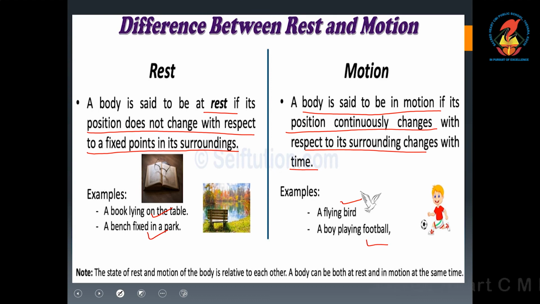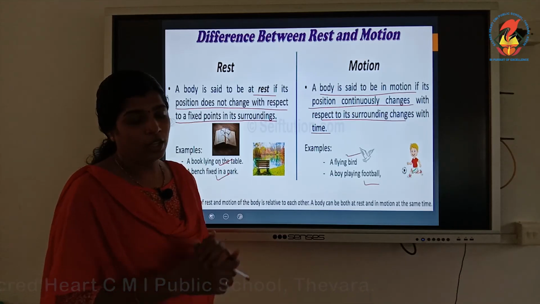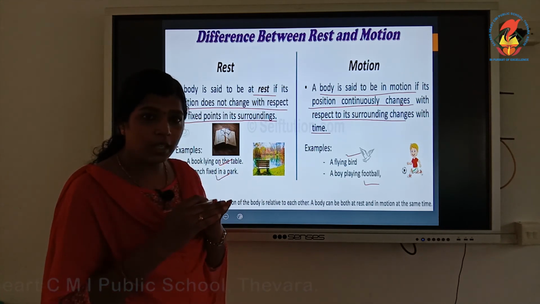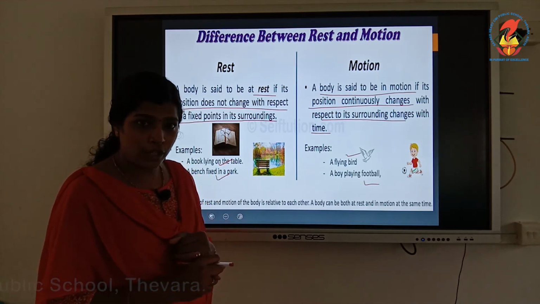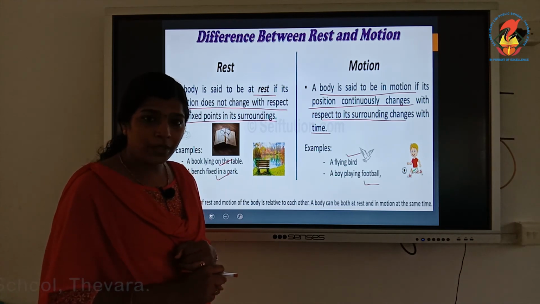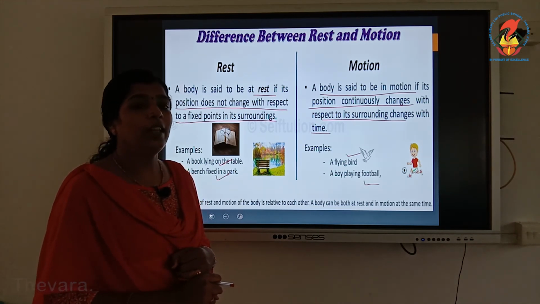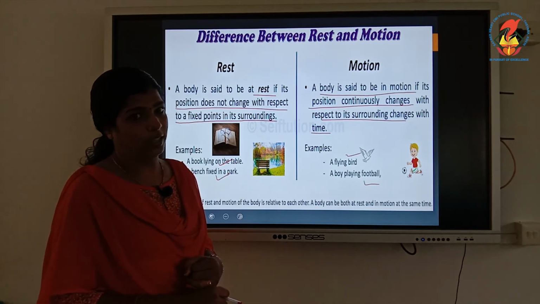An object is said to be at rest if it does not change its position during the passage of time with respect to the surroundings. Okay. So, when an object is not changing its position during the passage of time with respect to the surroundings, then we will say that the object is at rest.